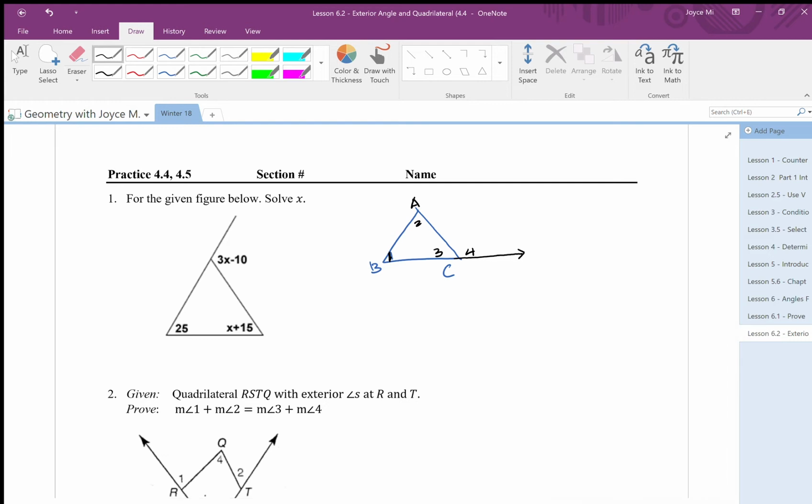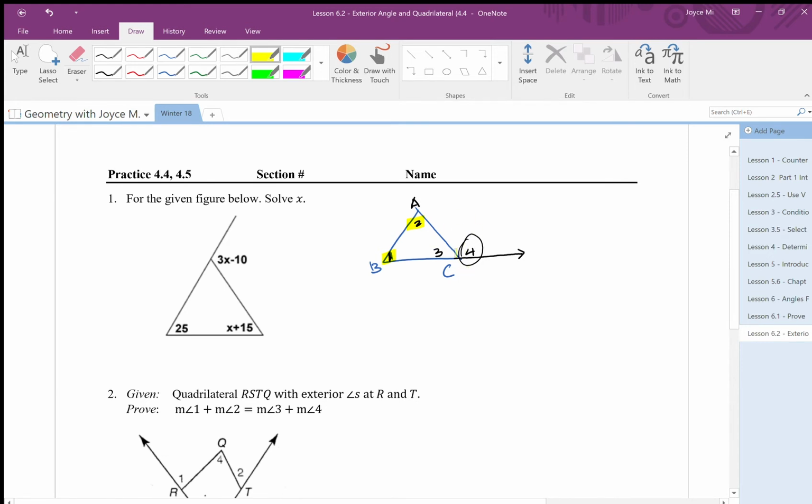The exterior angle theorem states that the measure of the exterior angle is equal to the sum of the two non-adjacent angles. Angle 1 and angle 2 are non-adjacent angles, so the measure of angle 4 is equal to the measure of angle 1 plus the measure of angle 2. That's the relationship for exterior angles.